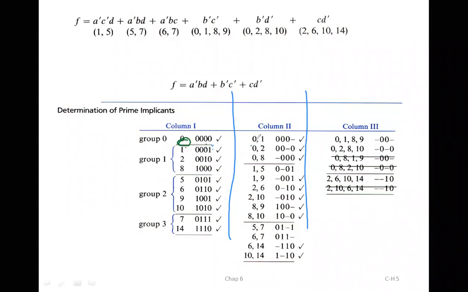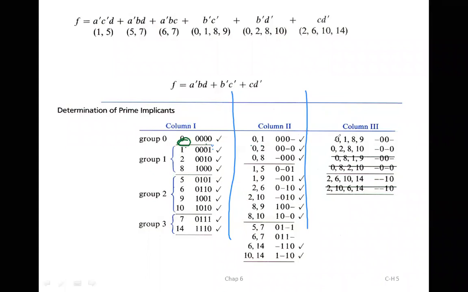Now when I write, I'll just go a bit fast, only what is required, but you have to compare and write it. 0, 1 and 8, 9, when I compare, I can see 0 has changed to 1. Remaining 2 is as it is. And the last one is hyphen and hyphen. So it is same.